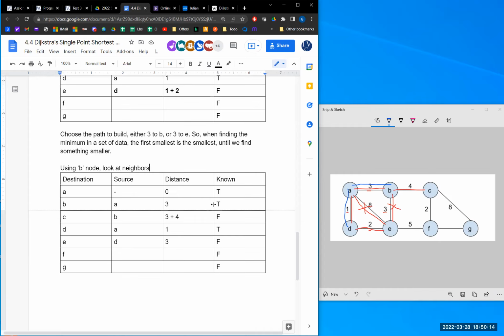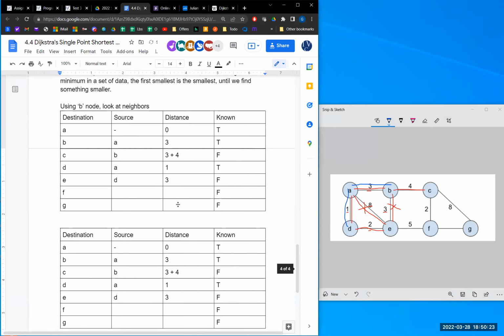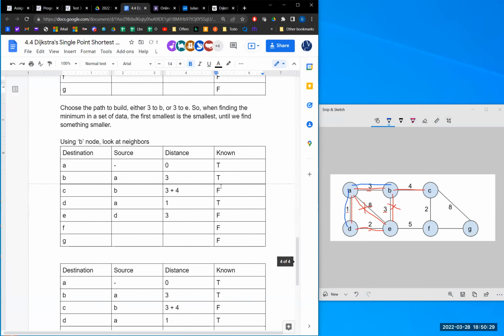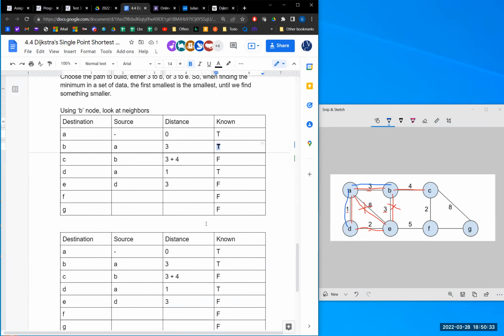All right, so we've processed B, we marked it as true, and we can carry on. Let's see, I think I remember to bold D when marked as a state change. Okay, so B got set and we updated.